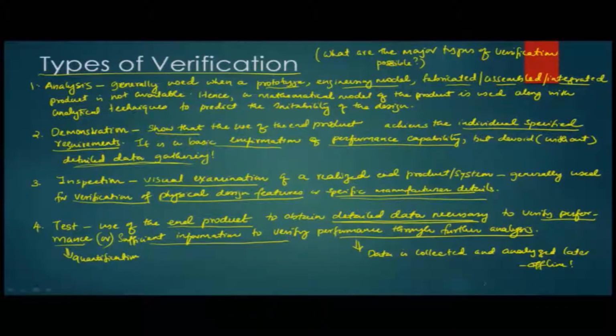So, the types of verification are analysis, demonstration, inspection and test, and we have seen the difference between demonstration and test. Demonstration is just showing that the individual specified requirement can be met, it can be achieved, that is all demonstration talks about, whereas test is where you have sufficient information to verify the performance, or sufficient information to do further analysis offline.